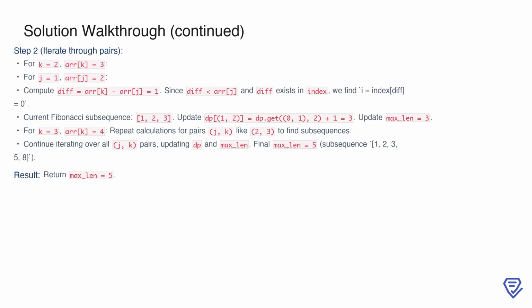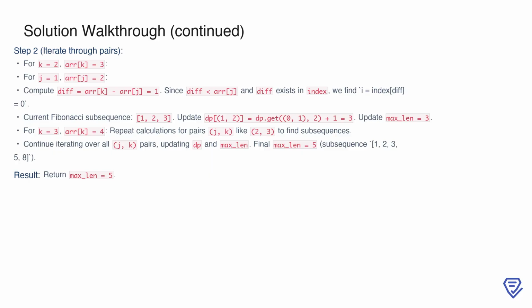This means the numbers at indices 0, 1, and 2, specifically 1, 2, 3, form a valid Fibonacci subsequence. We then update dp[1, 2] to be dp.get((0, 1), 2) plus 1, which evaluates to 3. This indicates that the subsequence ending at indices 1 and 2 has a length of 3. We also update max_len to 3.